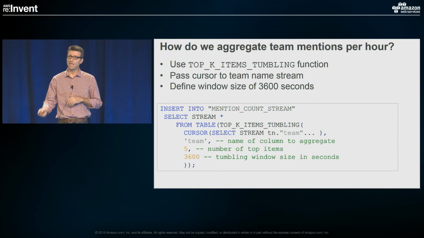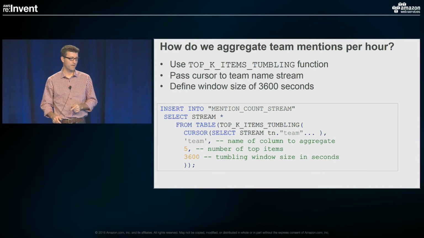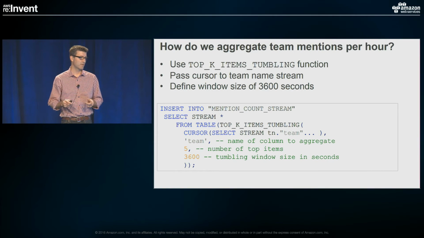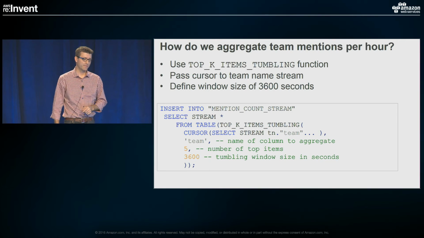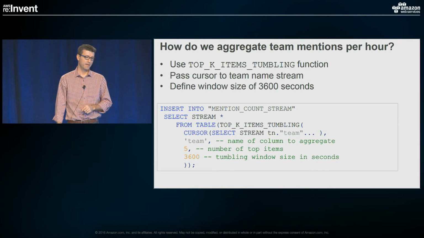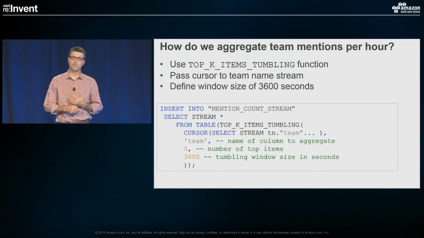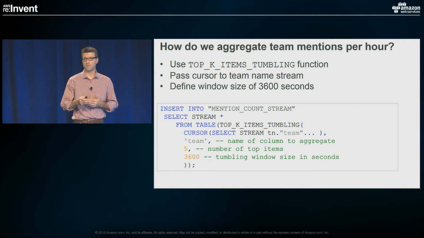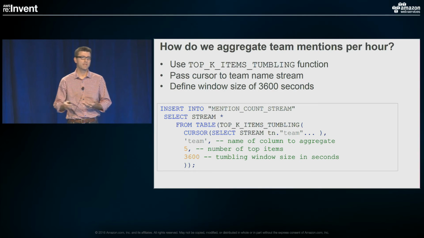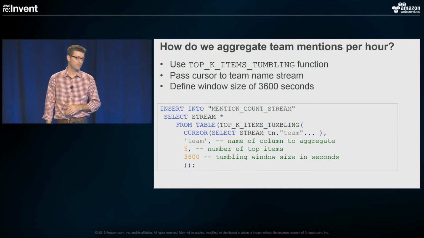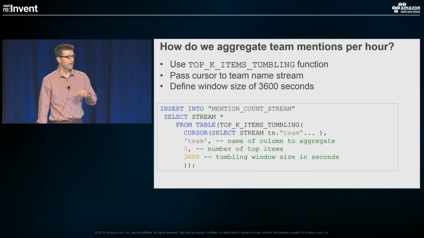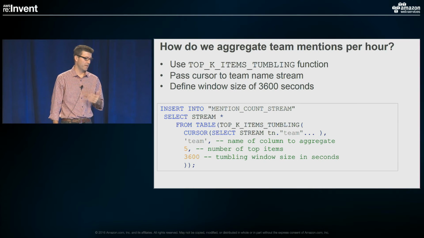So the full team name stream that I created a moment ago is input into this. It's passed as a reference with a cursor. And then top K items tumbling every 1 hour will tell me the top 5 mentions, top 5 teams that were included in that stream. And it'll tell me how many times they were also mentioned. So it's going to do that count for me. And it's going to give me the output every hour because it's a tumbling window.